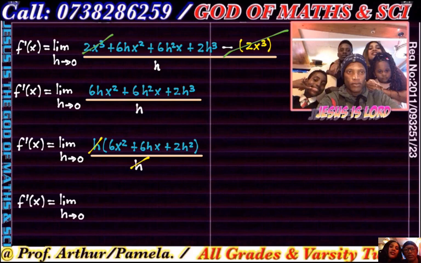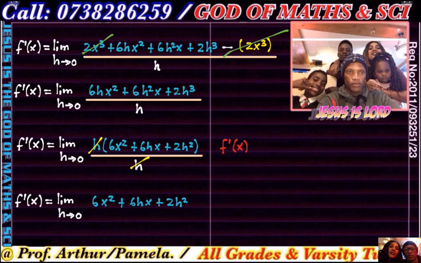Now, I'm still putting that limit because I haven't substituted the h as 0 yet. I'm only writing what remains, and then plus 2h squared. When you do your answer, the red, don't show it, but you need it. Write it using a pencil.